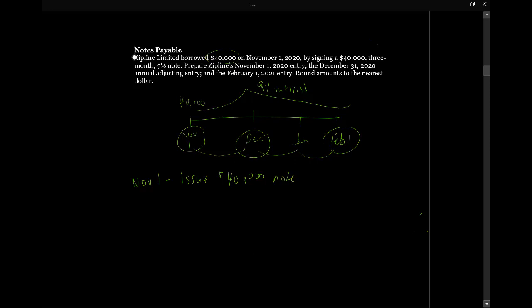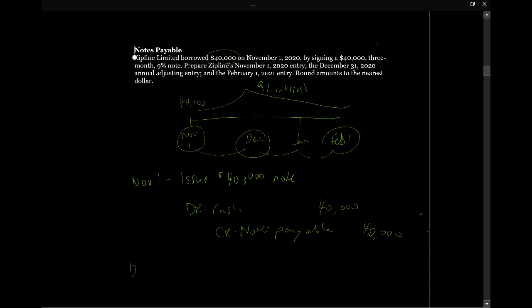They're going to debit cash, which is the whole point of issuing the note, and credit notes payable. They're going to set up this note on their statement of financial position, and this is clearly for $40,000. Right, we're done with November 1st.